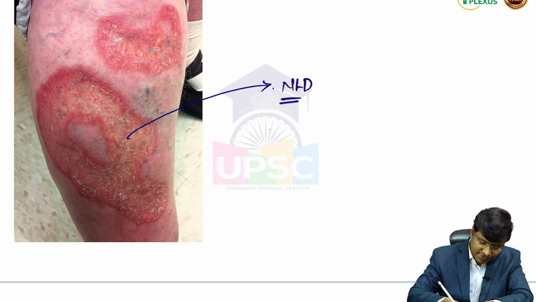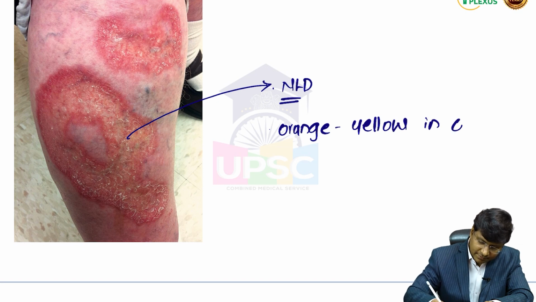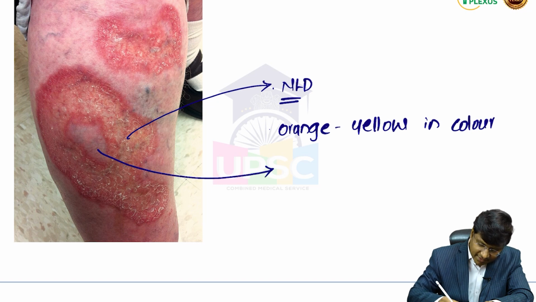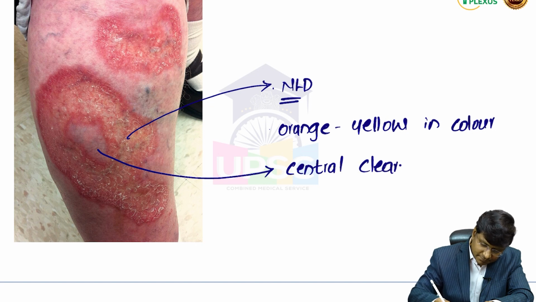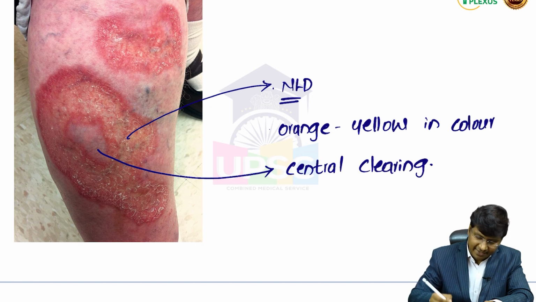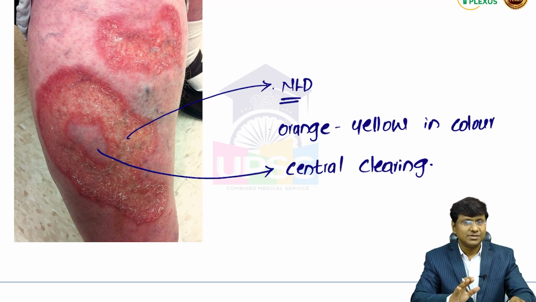The appearance is orange yellow in color, right? And they will be having the central clearing. So this will be the dermatological complication, right?